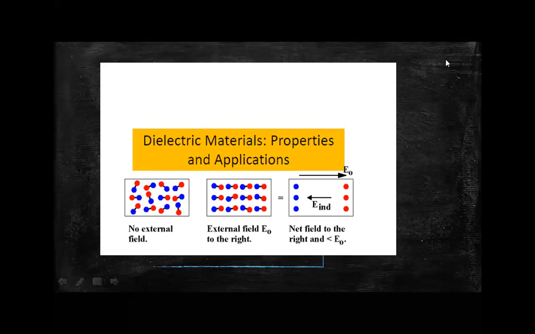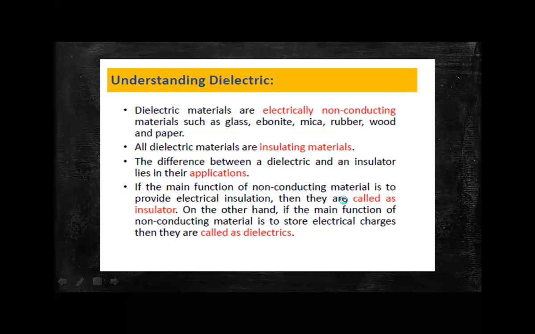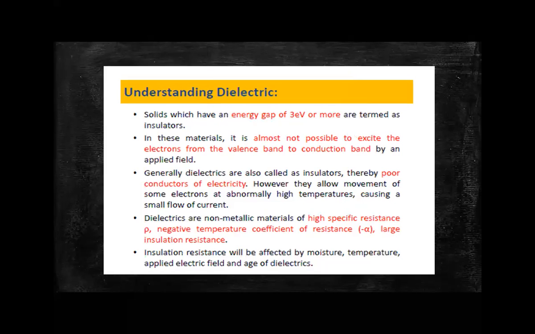The simple mechanism of dielectric material. We already talked about how dielectric materials arise, so I don't need to teach it again. In the previous class, we already discussed all the stuff: the band gap, conduction band, valence band.